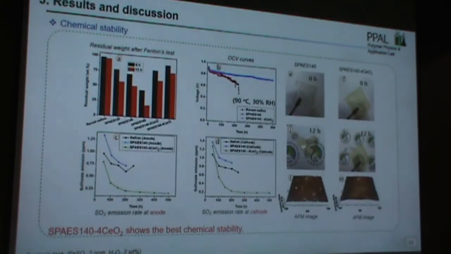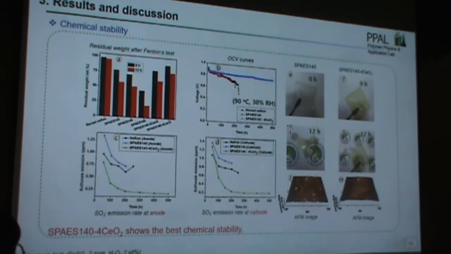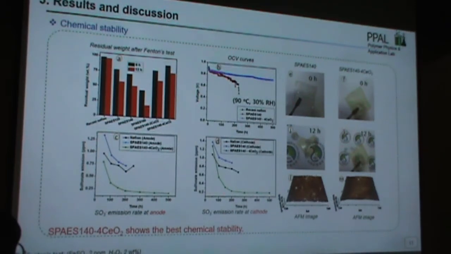And now I would like to talk about another very important property, that is the chemical stability. We can see in figure A the residual weight of the membrane after treatment in the Fenton test solution for 6 and 12 hours. We can see when I increase the concentration of the sulfonic acid group from 120 to 160%, the residual weight of the membrane decreases.